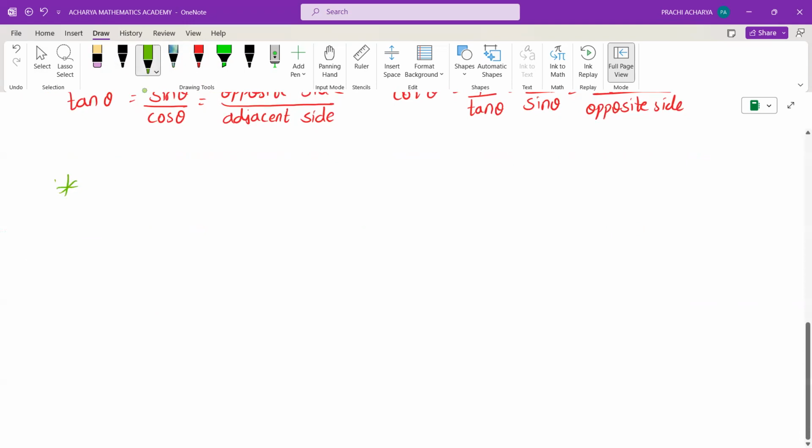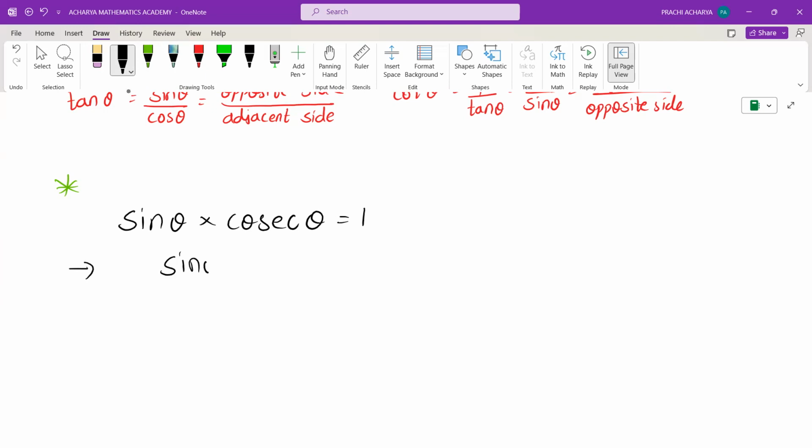So here actually we can write like this, that sin theta into cosec theta is equal to 1. Why? Because see, इसी को हम कैसे लिख सकते हैं, sin theta into cosec theta can be written as sin theta into 1 upon sin theta, because it is a reciprocal of sin, and which by cancellation will always give you 1.